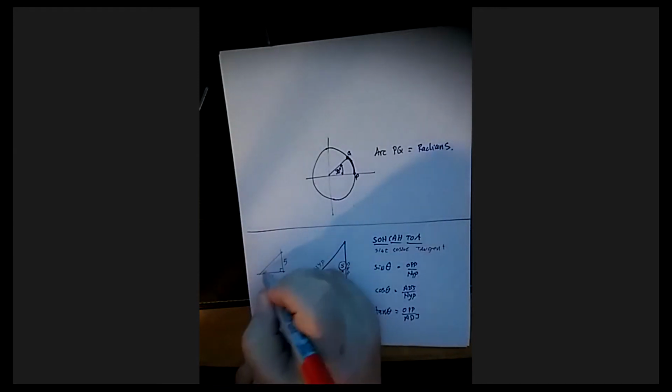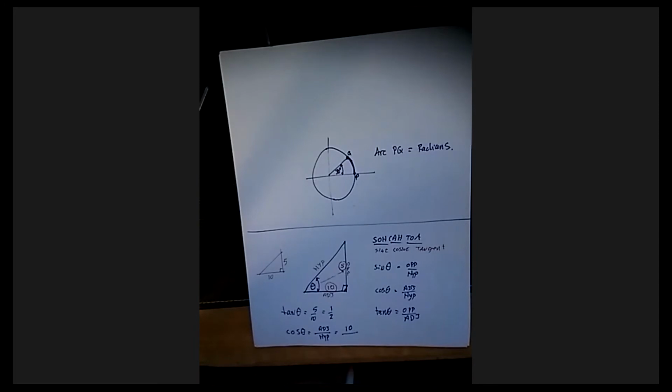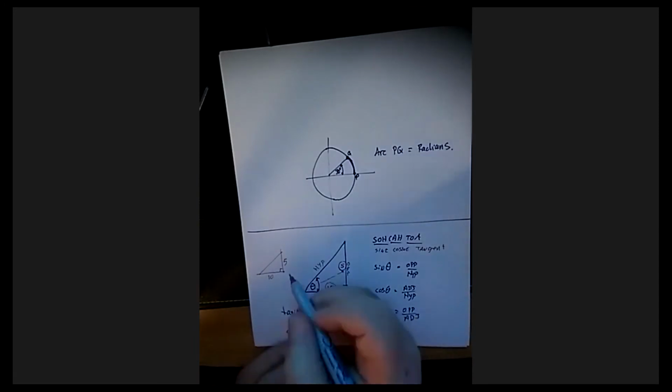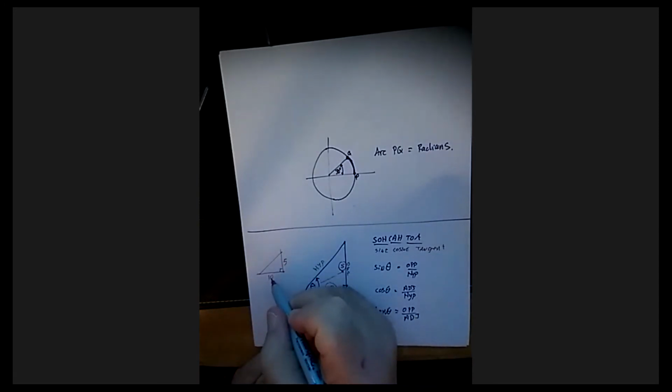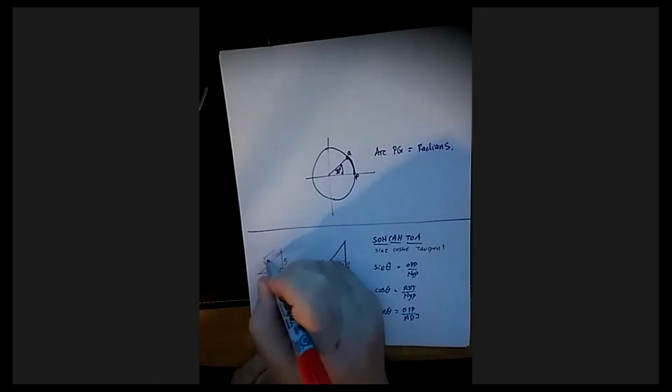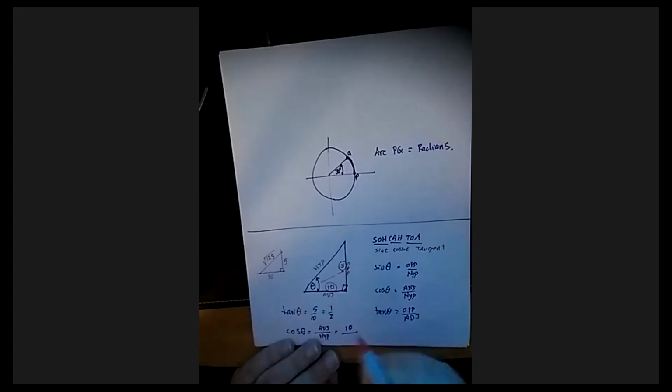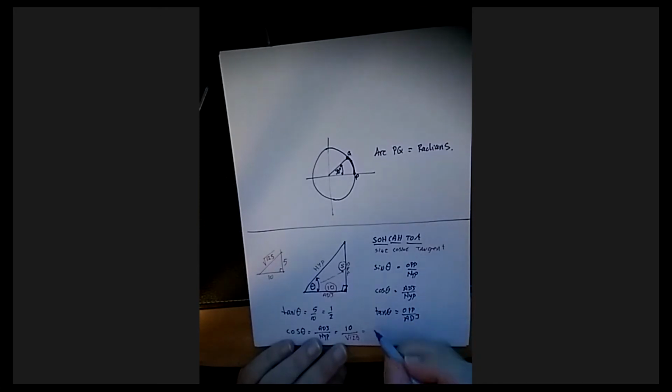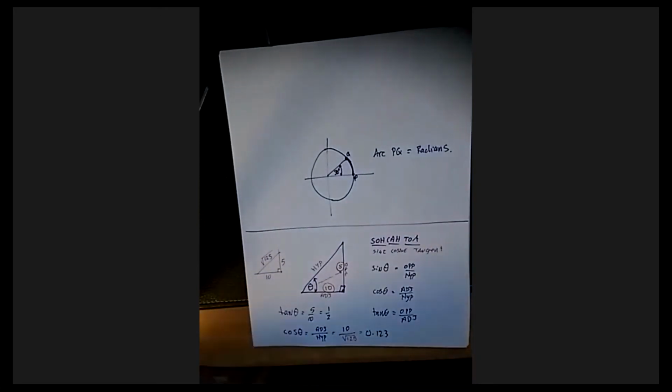To get this one here, don't you just use Pythagoras? Mhm. Pythagoras says that this side squared plus this side squared is equal to this one squared, so 125. Then you grab your calculator, and I know this isn't the right answer, but you find out what it is. And you would end up writing the cosine is 0.123.